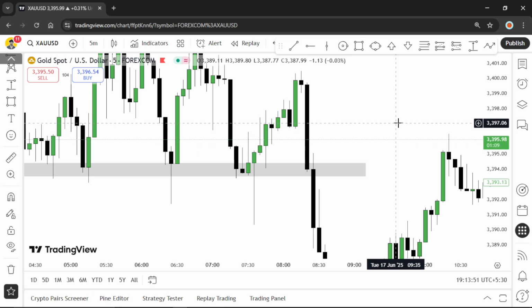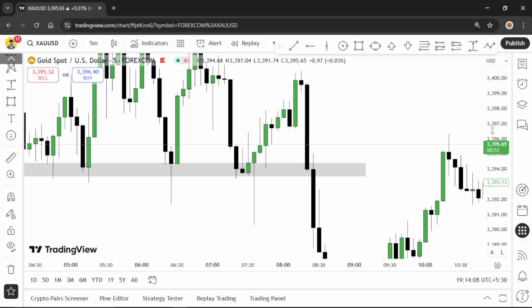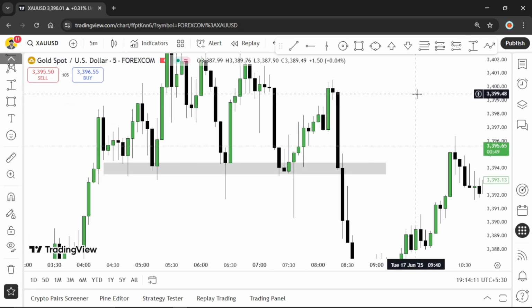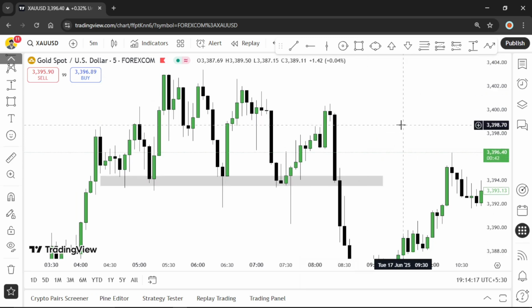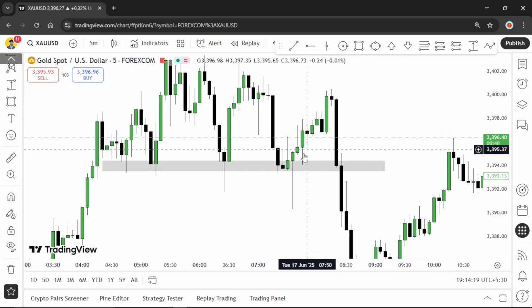Here the retail traders, the emotional traders, human traders like us, enter by seeing these candles. They think the market is going upside, and they enter a lot of positions in the market, and they get hit by stop loss. What I analyzed in these types of areas is that this is not our entry or exit point.